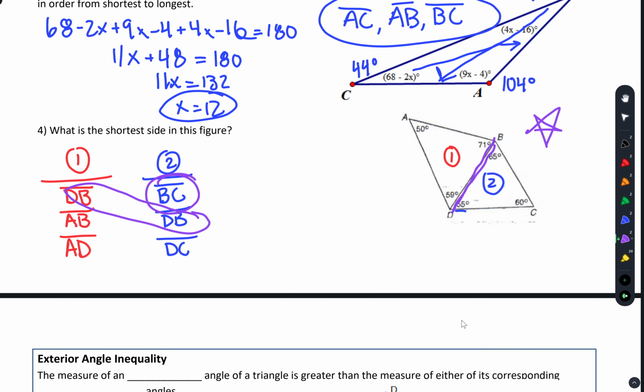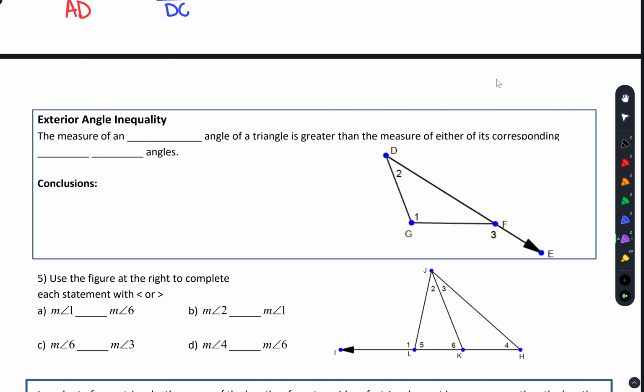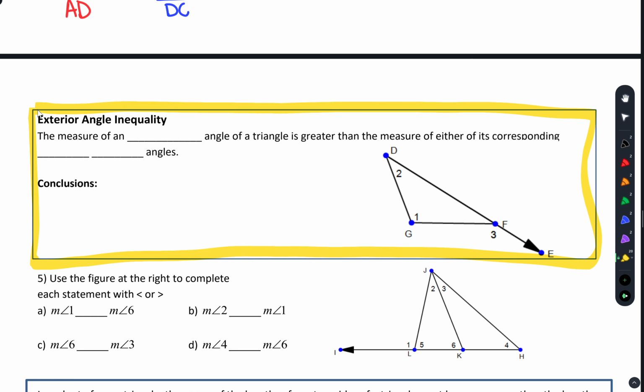Okay. All right. Two big theorems we're going to talk about on the next page. Go ahead and flip over to it. The first one is the exterior angle inequality. I'm going to highlight this. Hopefully we remember from last unit our exterior angle sum theorem. Does anybody remember what that is?